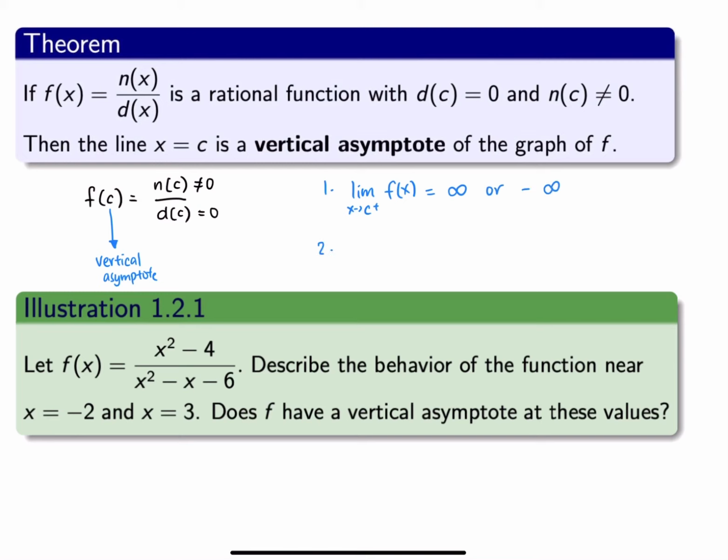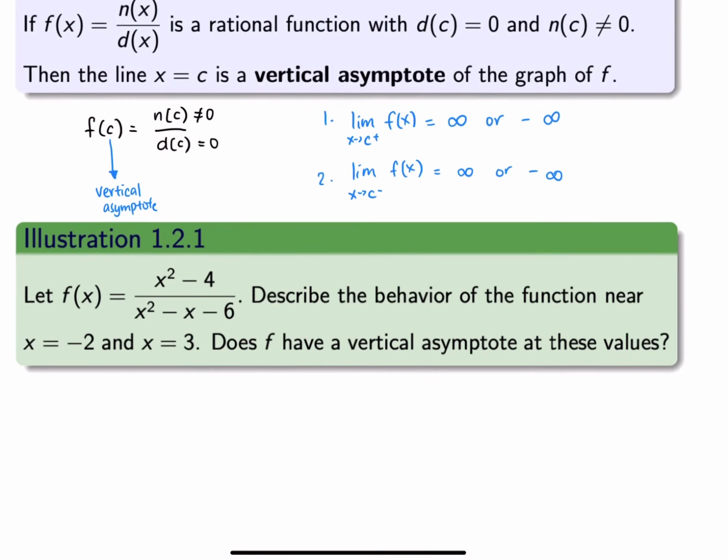And second, the limit of f of x as x approaches c from the right is equal to infinity or negative infinity. In other words, if f of x either increases or decreases without bound as x approaches c from the left or from the right, then c is a vertical asymptote of the graph of f. For us to understand this a bit more, let's look at an illustration.